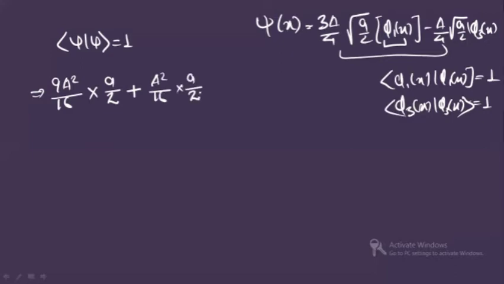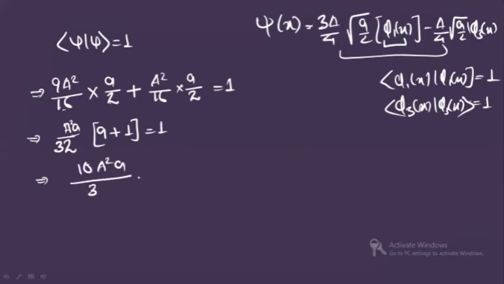This is equal to 1. Now 16 times 2 is 32, so I take 1 by 32 common, and a square is in both terms, so I take that outside. So you will have 9 plus 1, which is 10 a square small a divided by 32, equal to 1.